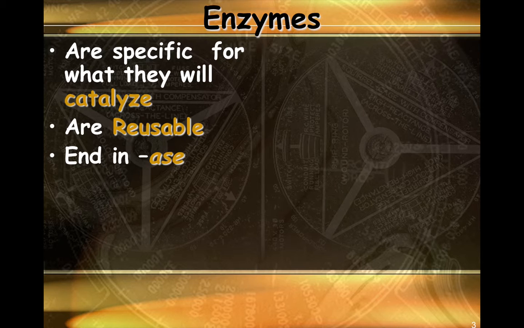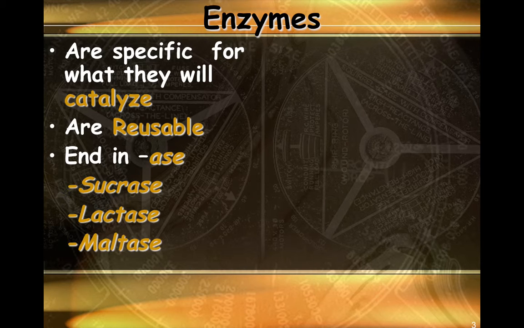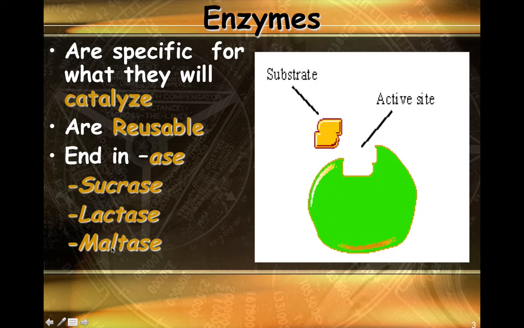So if it's anything that ends in -ase, A-S-E, it's usually an enzyme. So sucrase, lactase, maltase. Sucrase, what do you think that catalyzes? The making of sucrose. What does lactase catalyze? The production of lactose. What is maltase? The production of maltose. So you can get an idea here.